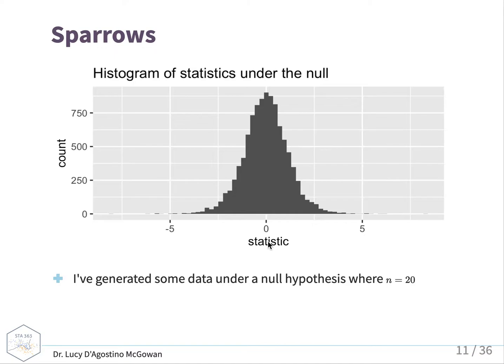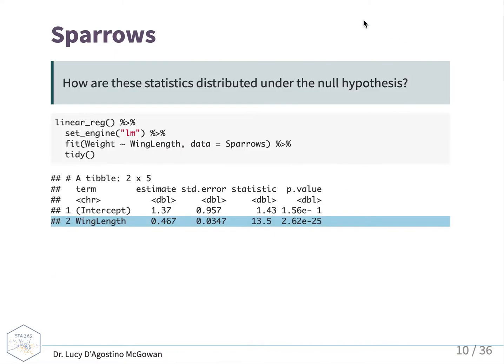What I've done here is I've generated some data under a null hypothesis where n equals 20. Let's be clear here, let's talk for a second about what I mean by null hypothesis. Our question, when we're looking at a specific beta coefficient, for example here with simple linear regression, where we just have a slope for wing length, is whether that slope is different from 0.